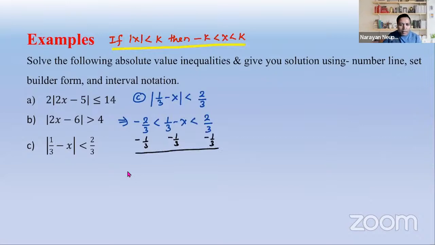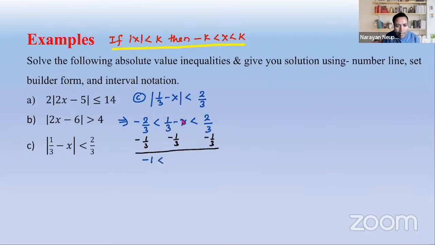So if you subtract here, we have a negative 2/3 and a negative 1/3. Negative 2/3 and negative 1/3 is negative 3/3, or negative 1. Now we have a less than, and then 1/3 and minus 1/3 cancel.